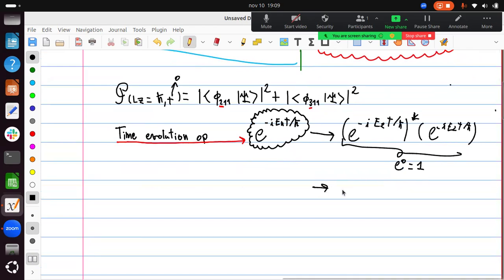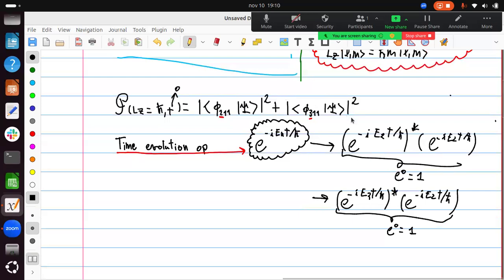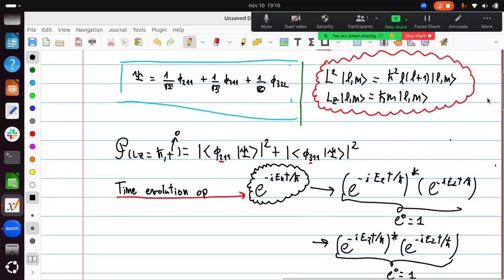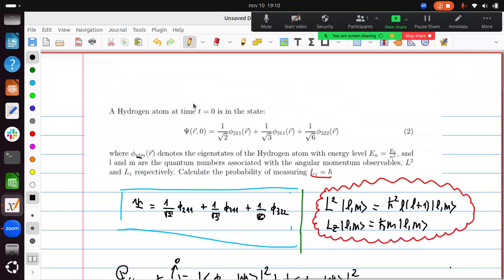In this case, it will be minus the imaginary unit, the energy level number 3, and when you take the conjugate of this and multiply it times this, this will be exactly the above case, equal to 1. So we're not going to use this, but you need to take it in consideration if you want to solve problems that are not at time equals 0, like this problem says.